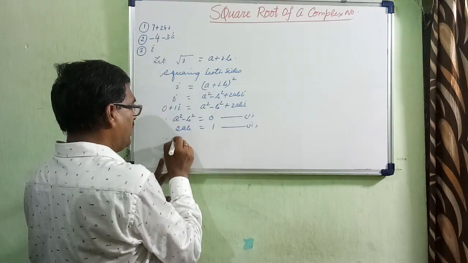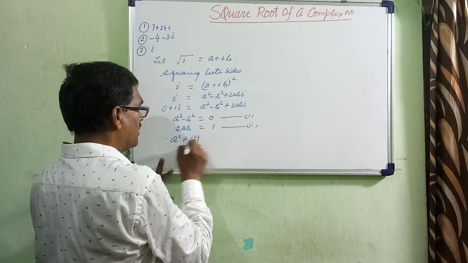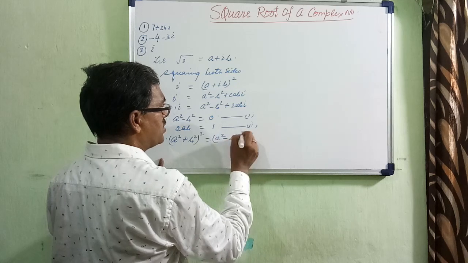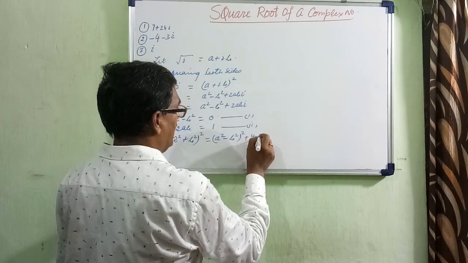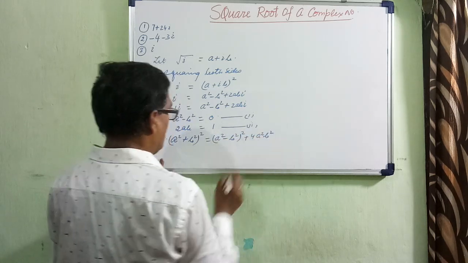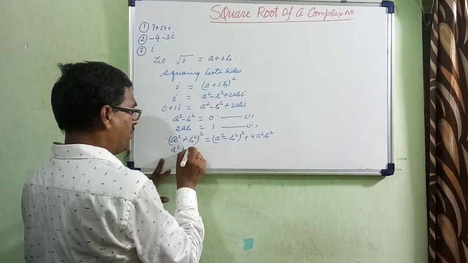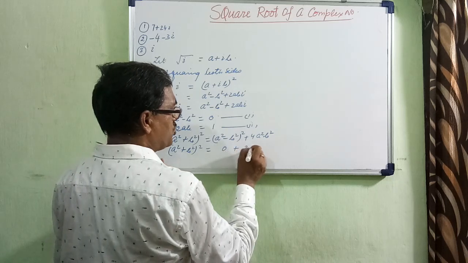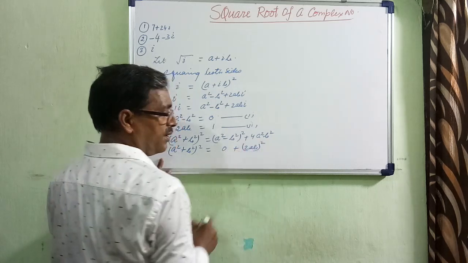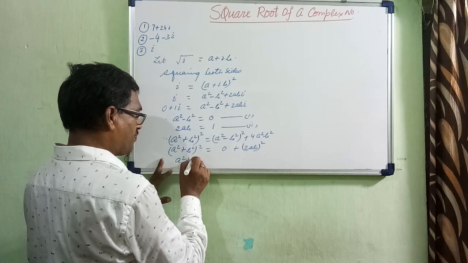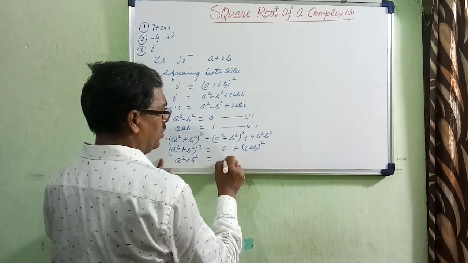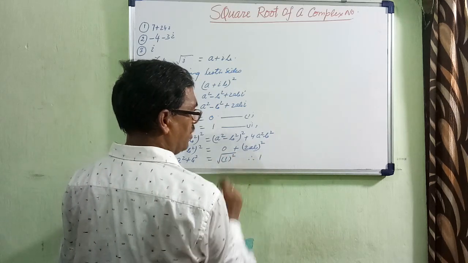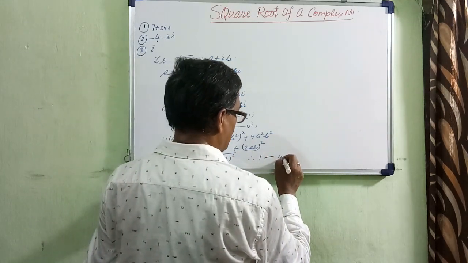So (a square plus b square) whole square is equal to (a square minus b square) whole square plus 4a square b square, which is 0 plus (2ab) whole square, and so a square plus b square is equal to root over 1 whole square, therefore 1. So this is equation number 3.